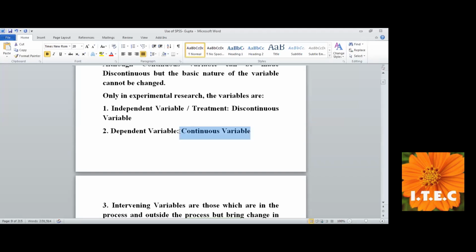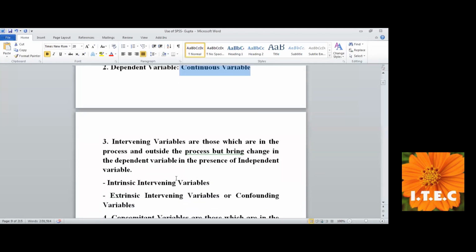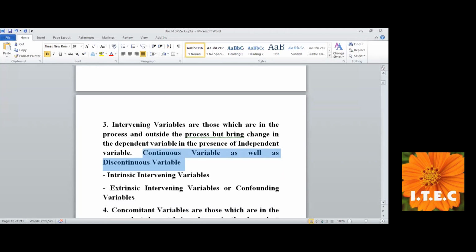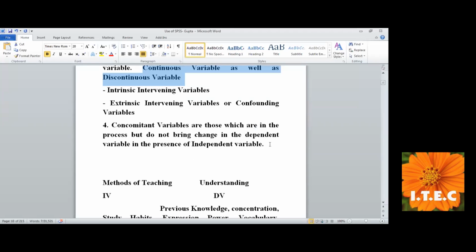Your intervening variable will be continuous as well as discontinuous. And your concomitant variable will be continuous as well as discontinuous.